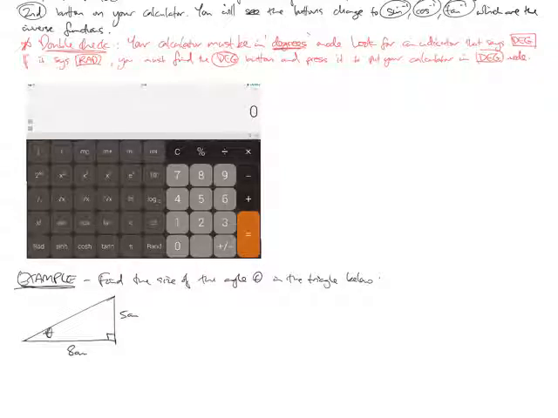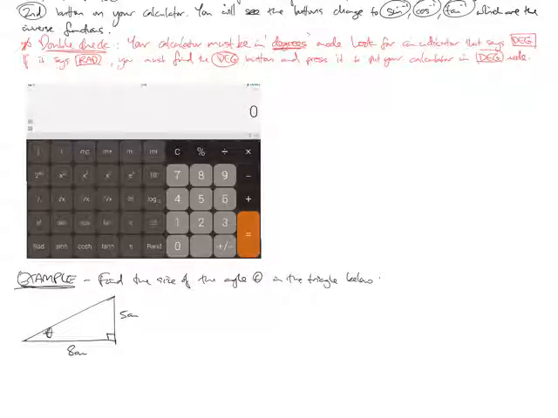This button will put it into the mode that it says it will be. Right now, because my calculator is in degrees mode, this button will put it into radians mode instead. If your calculator is in radians mode, if it says RAD here, you'll find this button says DEG. So you need to press that and set your calculator into this mode.